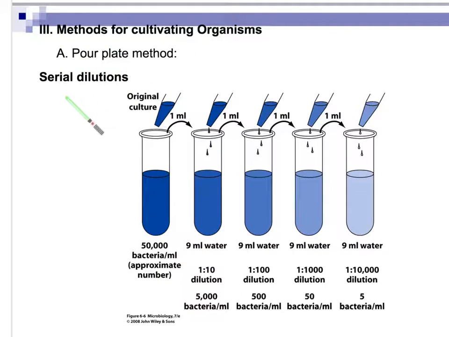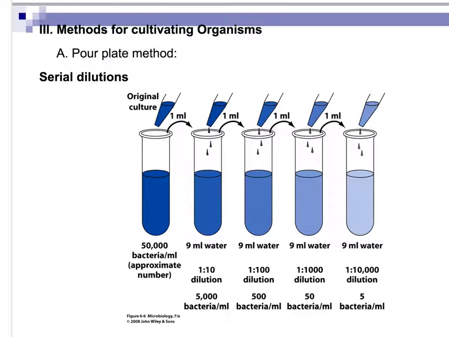So serial dilutions, we'll use the lightsaber because it's just so silly. Serial dilutions are how we measure concentrations of bacteria because you can't really count them. If you looked at something that had 50,000 bacteria per milliliter in there, that's a lot of bacteria, so it'd be really, really hard to count that many.